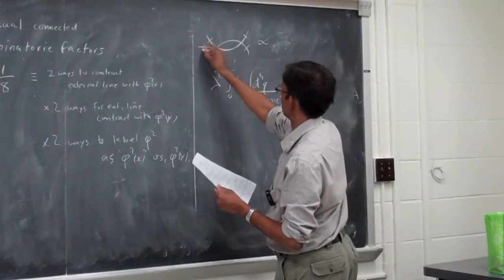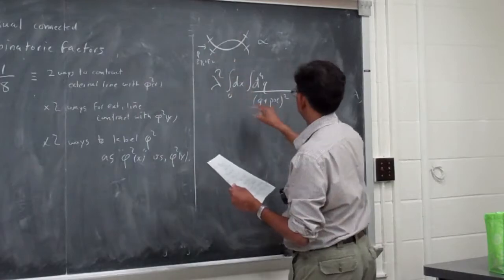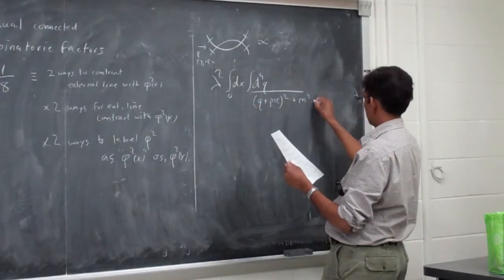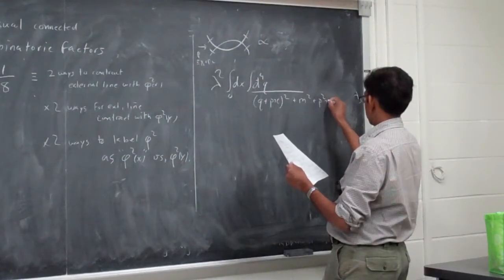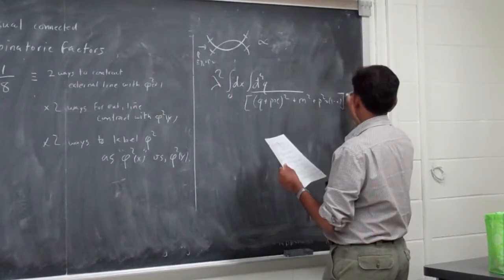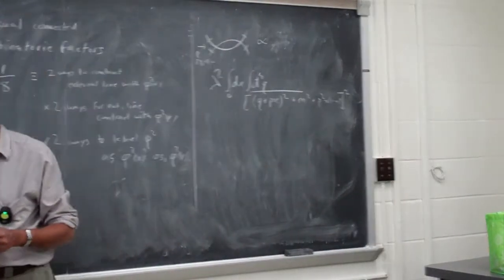The total momentum here is p, that is p1 plus p2. In this Feynman diagram, this is all that appears, plus m squared plus p squared x(1 minus x), whole squared.